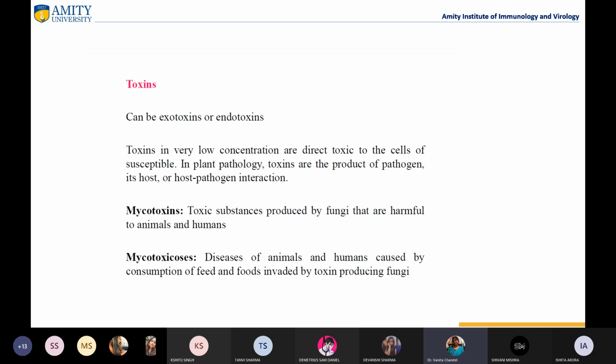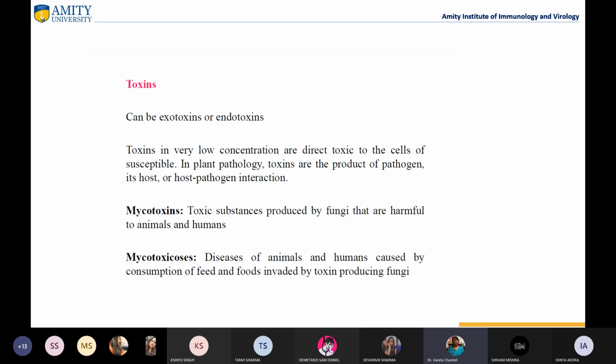Either they are produced as a result of infection in the host, or they could be produced as a result of a host pathogen interaction in a particular plant, right? Mycotoxins are toxic substances produced by fungi, which are harmful to animals and humans also. Then mycotoxicosis is a disease of animals and humans caused by consumption of feed and food which is invaded by toxin producing fungi.